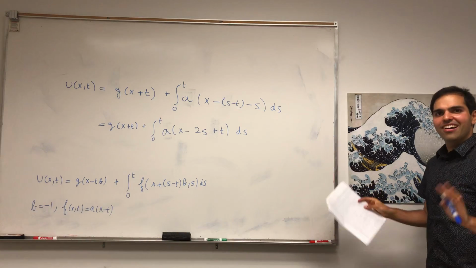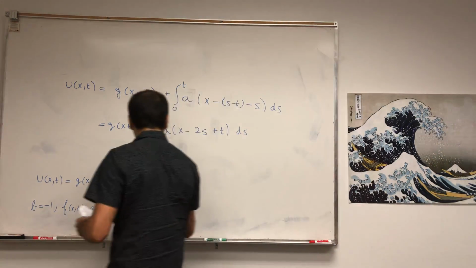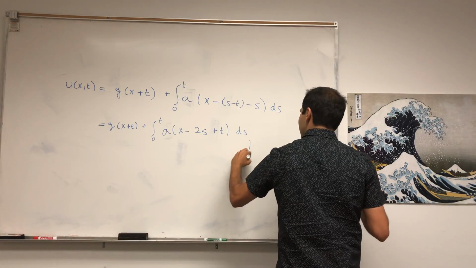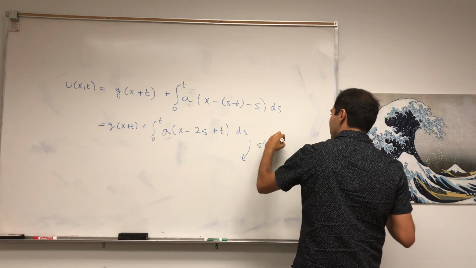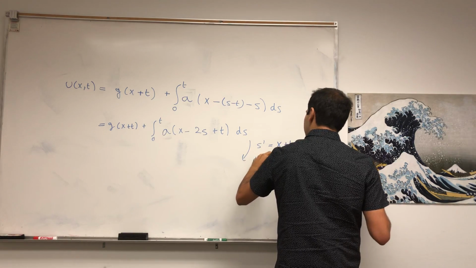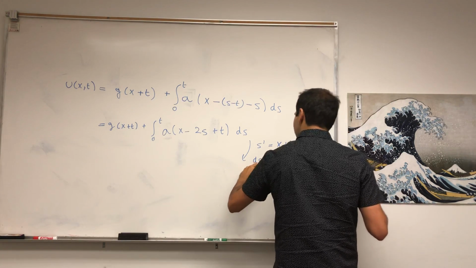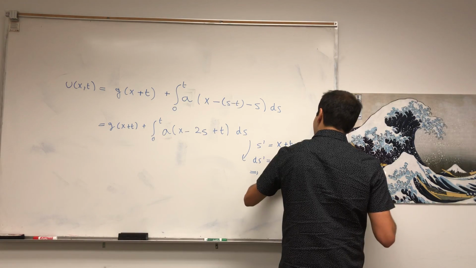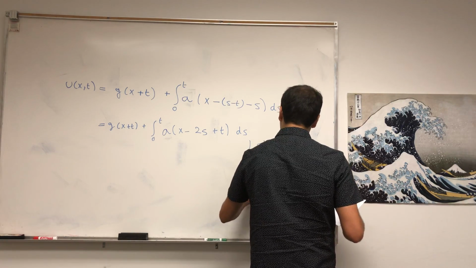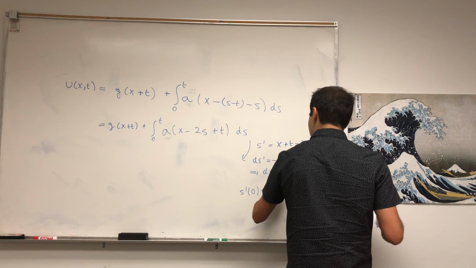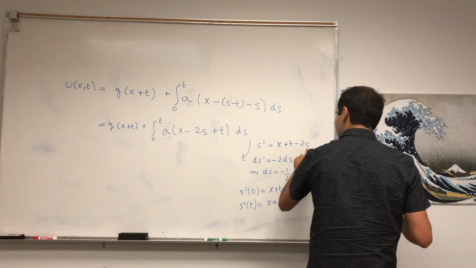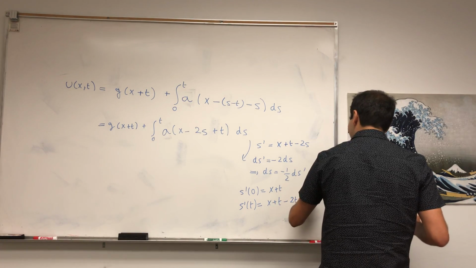And now this looks pretty ugly. Let's just do a simple change of variables. So let s prime be this whole junk. So if s prime is x plus t minus 2s, then ds prime is minus 2 ds, so ds is minus 1/2 ds prime. And s prime at 0 is just x plus t. s prime at t is x plus t minus 2t, which is x minus t.